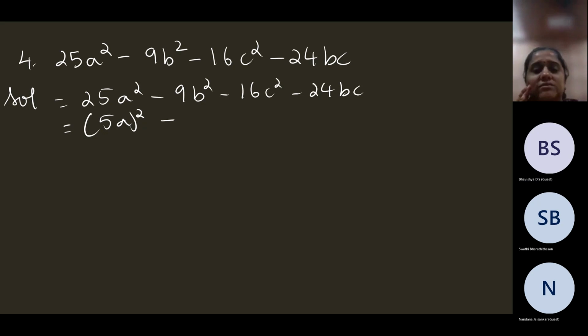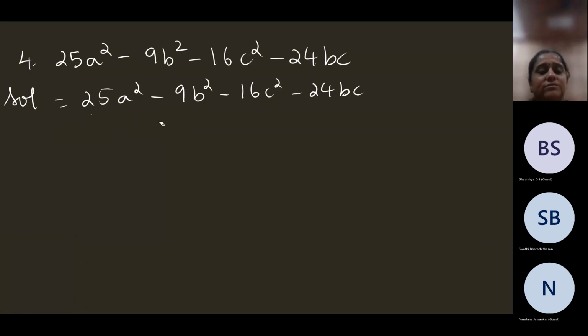Then 5A minus 4C minus 24BC. And by identity X square minus Y square, X plus Y, X minus Y, ma'am. No, it's not like that. Okay, let me pass this to Nandana.